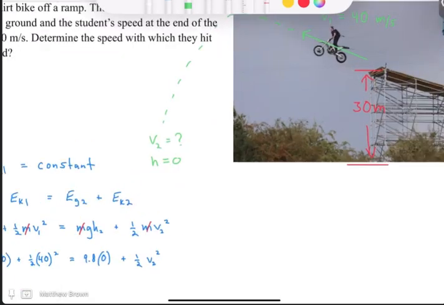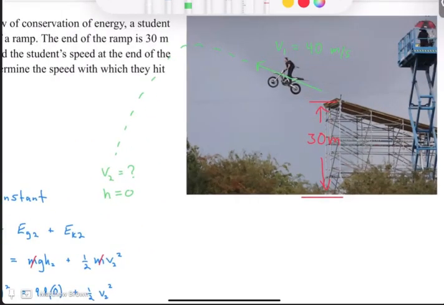So if you only looked at gravitational potential energy, you would say we're defining the height to be 0 here. So that means EG here would be 0. And we want this person to have gravitational potential energy when they get to this height up here. So that means we just leave it as 9.8 times whatever the mass is times positive 30 because we've gone up.